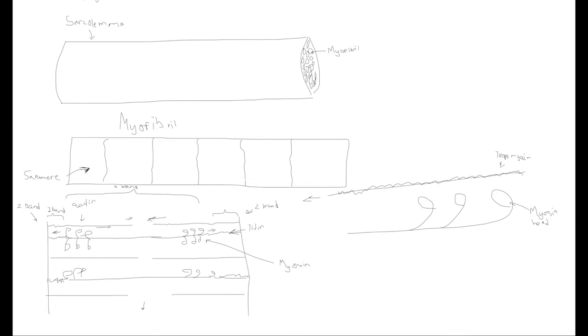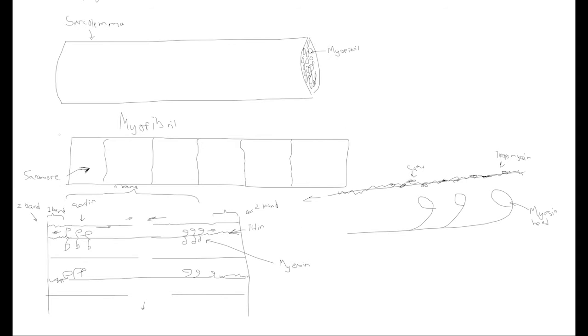And then there's also going to be troponin scattered across your actin, right? And troponin has the ability to actually move the tropomyosin when it is exposed to calcium. So when calcium is present, then it will move the tropomyosin so that the myosin heads can interact with the actin to make the muscle contract.